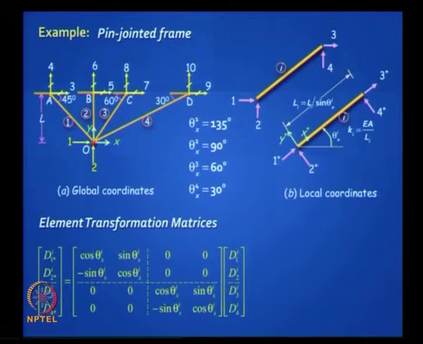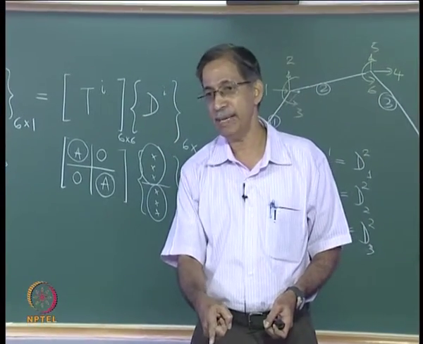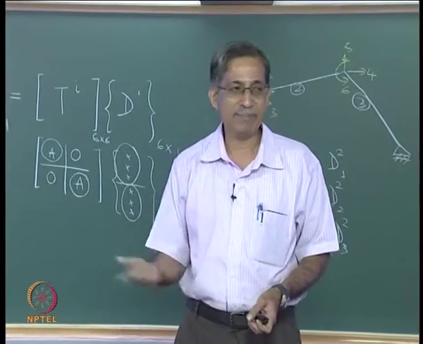Does this make sense? Okay, this transformation is straightforward. Again, off diagonal is null submatrix. Is it clear? Okay, let us apply it. No doubts. So we have done an example of a plane frame transformation, and we are doing it in a plane truss. You can do a beam later.